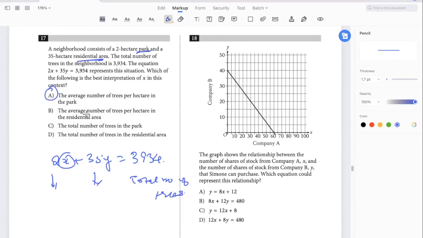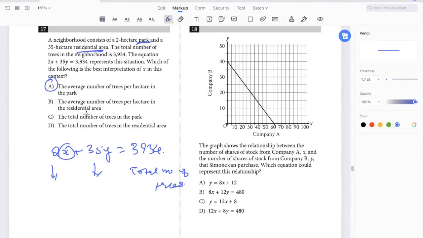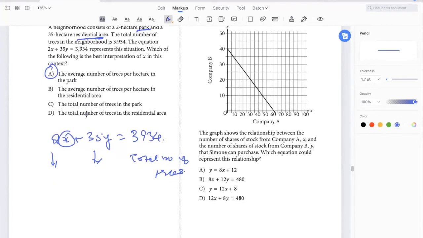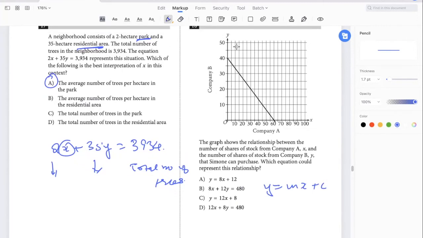The graph shows the relationship between the number of shares of stock from company A, X, and the number of shares of stock from company B, Y, that Simone can purchase. Which equation could represent this relationship? Okay, so we can work with y is equal to mx plus c. So for the slope, I can use 0, 40 and 60, 0.